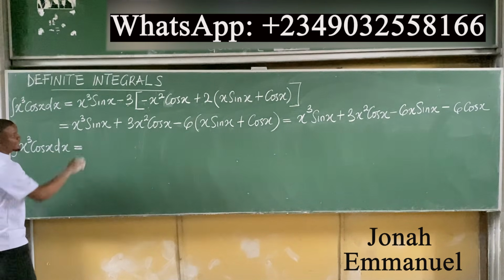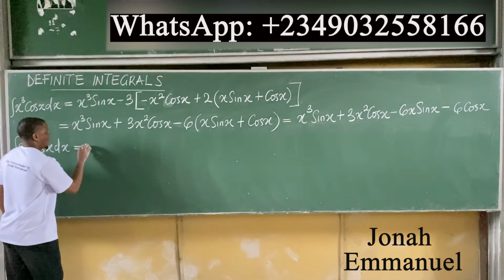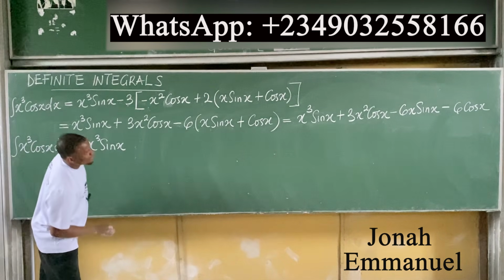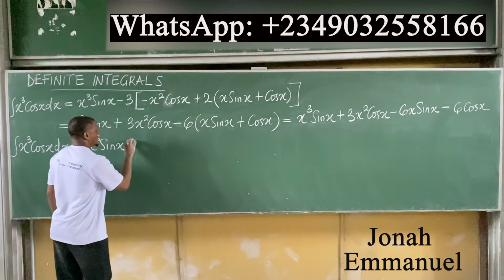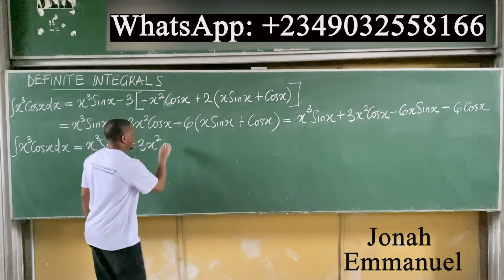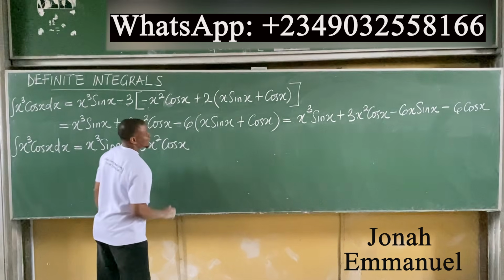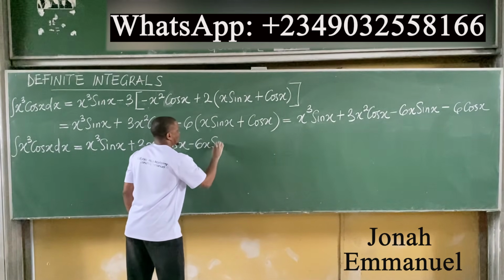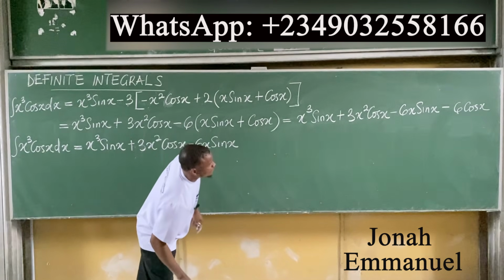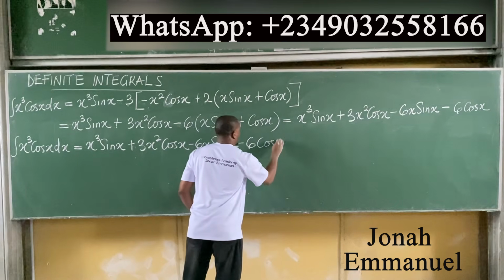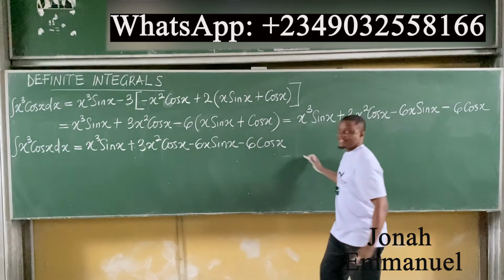Is equal to what I have there, which is what there? x cubed sine x plus 3x squared cos x minus 6x sine x minus 6 cos x. This is my answer.